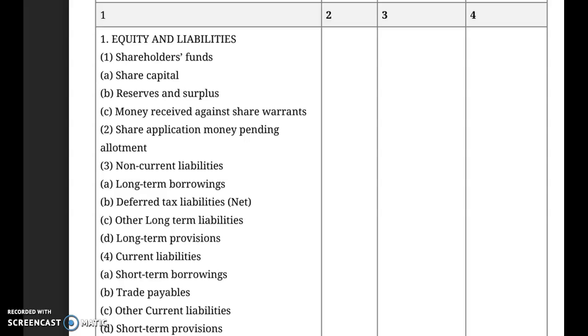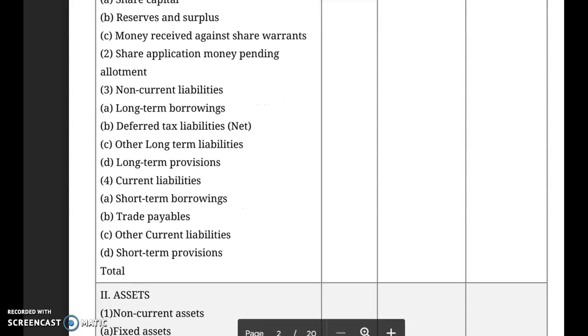This way you must remember which items are shown under the different heads and subheadings. Likewise, in current liabilities only a few items are given here. The type of items may vary and may also be more than that.